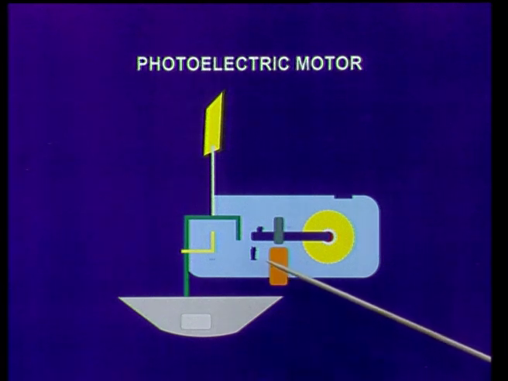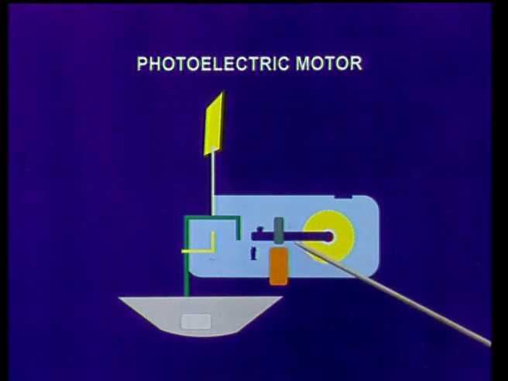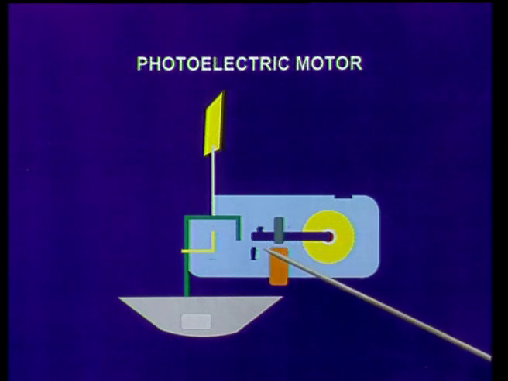Whenever the circuit is on, the motor will be rotating. Once the motor rotates, the direction in which the panel is oriented changes, and such things are usually used in satellites, so that the panel always sees the sun to get the maximum amount of energy.